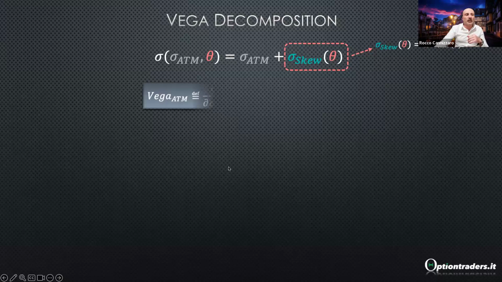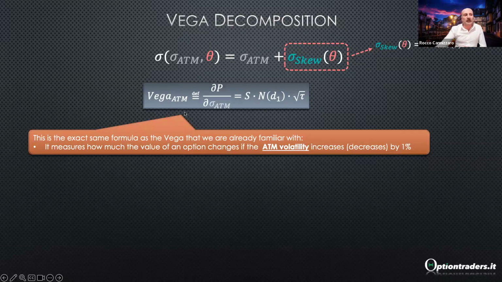What does it mean? Well, if we look at the Vega of at the money and do the formula, it's very straightforward to show that this is nothing else than the Vega that we already know. This is literally the Vega that we've been talking about until now, because what this derivative is measuring is how much of a change there will be in the price of an option if the at the money volatility goes up by 1%.